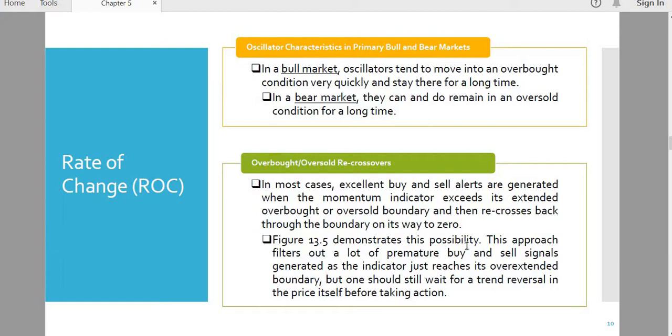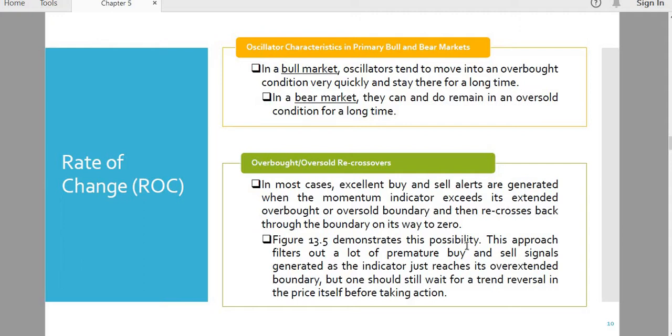Therefore, in a bullish uptrend, most of the time the ROC value will be above the zero line. And the other way around, in a bear market or downtrend, most probably the ROC value will remain below the zero line, creating an oversold condition.